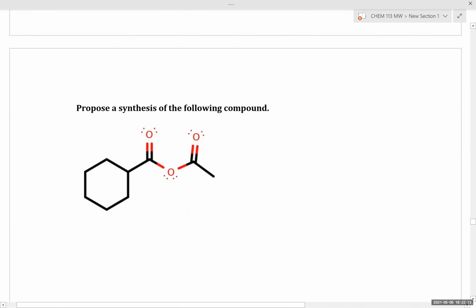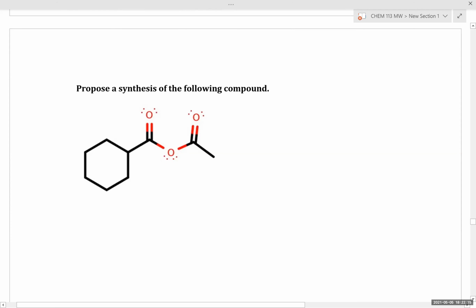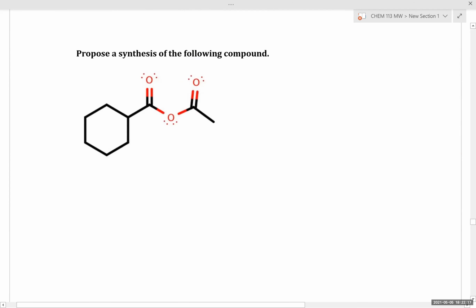Okay, so let's try to apply what we've learned here, and let's try to propose a synthesis of the following anhydride. So what starting materials and reagents would we use to make the following asymmetrical anhydride? Let's take about 3 to 4 minutes to work through this example, and then I'd like students to share their responses in the chat.